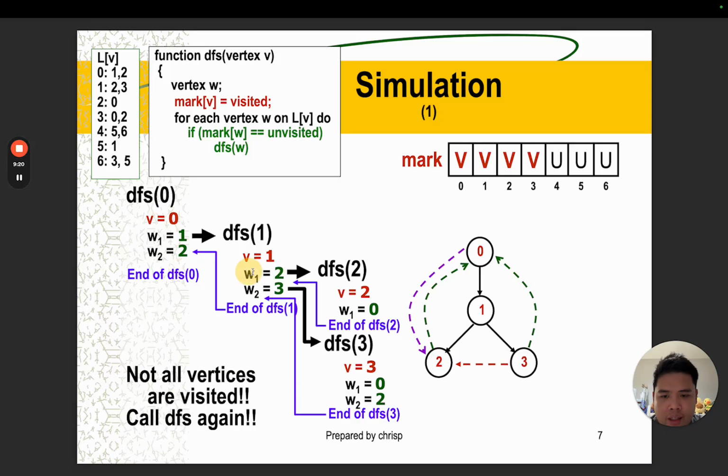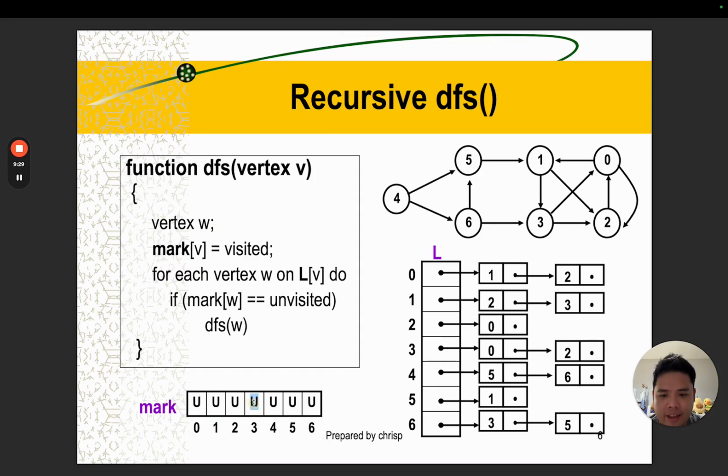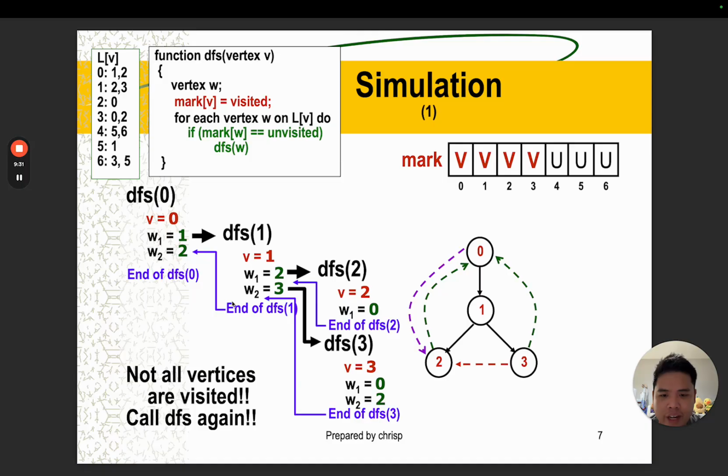I'm done with vertex W1, so I'm going to go to W2, which is 3. Is 3 unvisited? 3 wasn't visited yet, so I'm going to call DFS 3, where my vertex is 3. I set 3 to be visited, and then I check the vertices on L at index 3, which are 0 and 2.